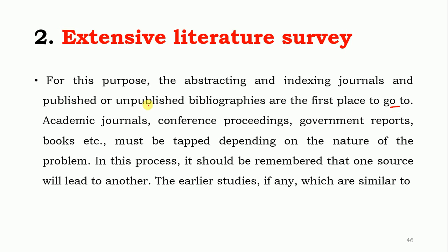Okay, so first of all you have to go to the journals, abstracts and unpublished bibliographies also. Academic journals, conference proceedings, government reports, books, etc. must be tapped depending on the nature of the problem. In this process, it should be remembered that one source will lead to another. The earlier studies, if any, which are similar to.